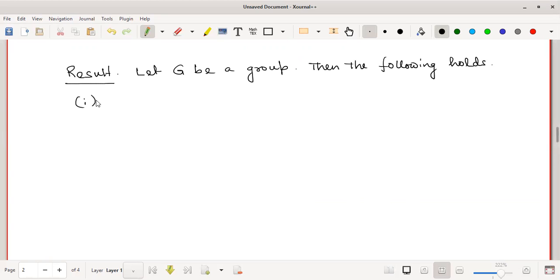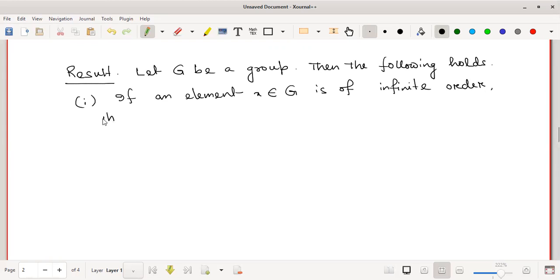Number 1: if an element x belongs to G is of infinite order, then x to the power k is not equal to x to the power l for k not equal to l in Z. That is quite obvious.